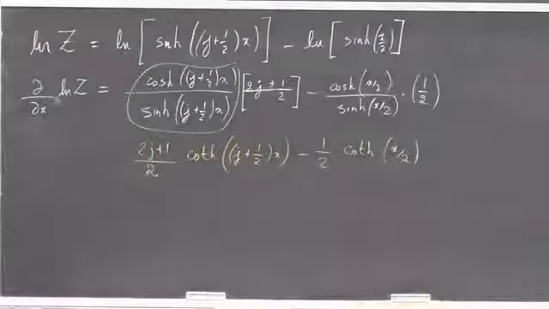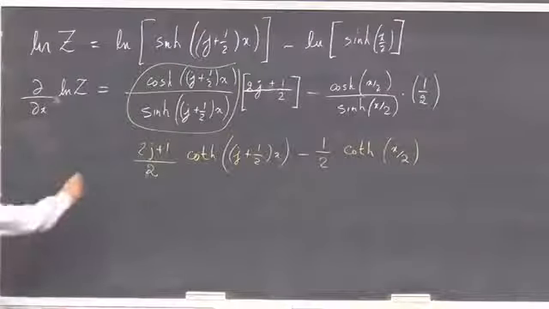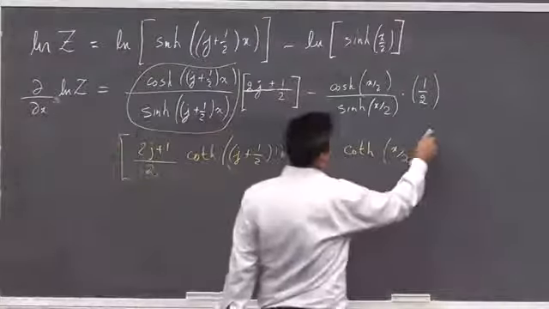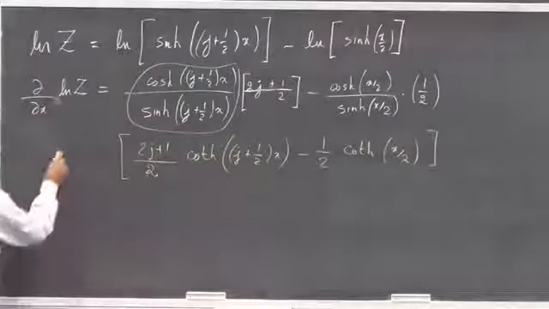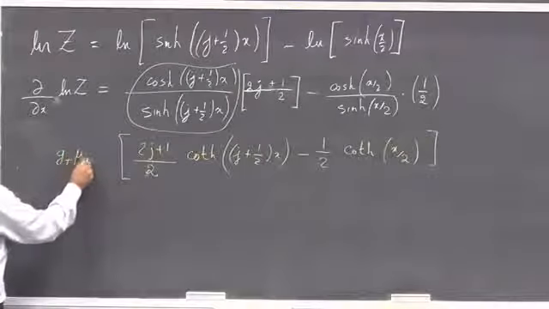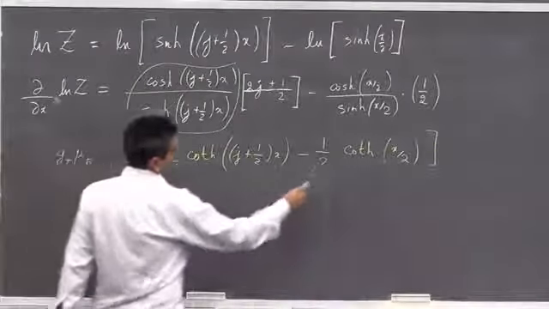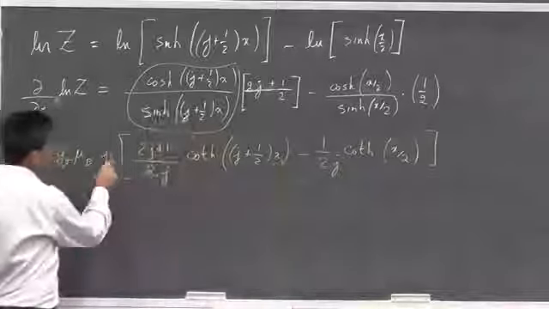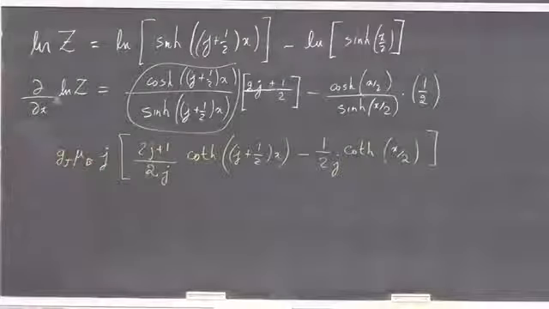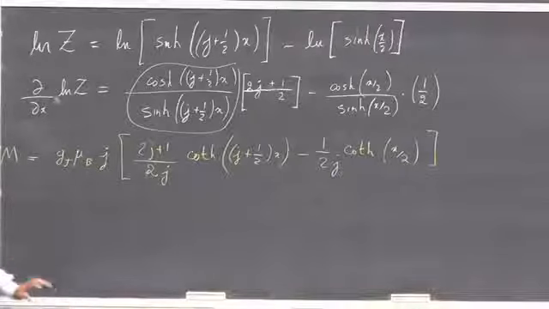Okay, and I would like to multiply this with gj μB. I would like to multiply with j. This is my magnetization for an arbitrary spin system, and it's a paramagnetic system. You have spins pointing in different directions, and when we place it inside a magnetic field, a magnetization builds up.